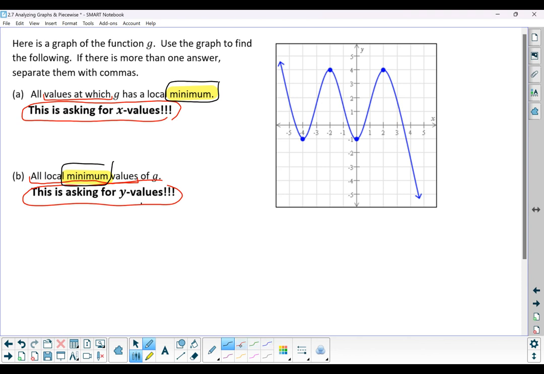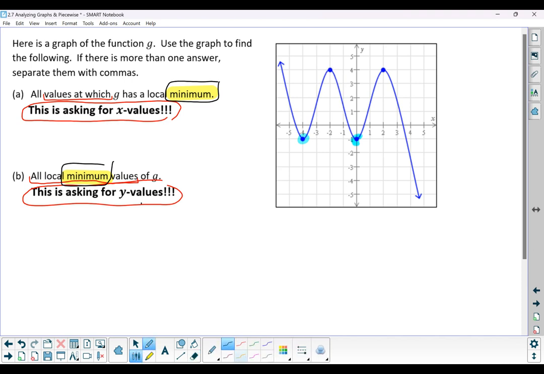So for this one, we're looking for mins. So we're looking for low points. On this graph, I have two mins. Please note, on my graph, they have the same height, but they would still both count as mins if this one dipped down a little bit lower. So the mins may have the same height, they may have different heights. They just have to be a low point on the graph.